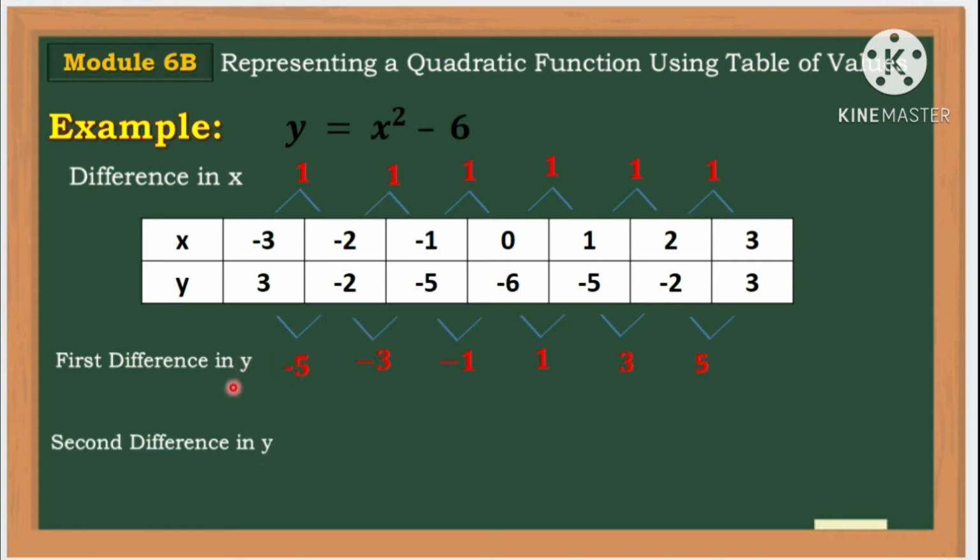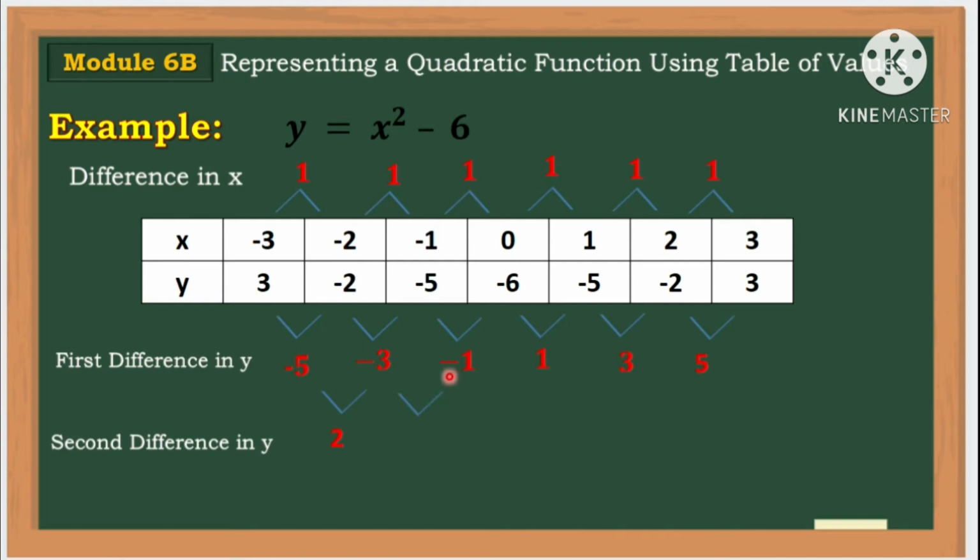Let's proceed to second difference in y. Pag dito ay sa first difference pa lang ay pare-parehas na, meaning hindi yan quadratic function. So let's proceed to second difference in y. So same, negative 3 minus negative 5 will give us positive 2.